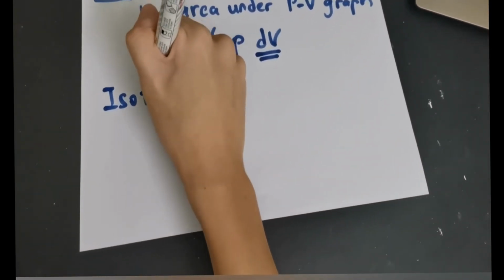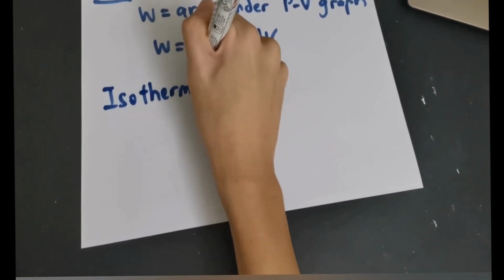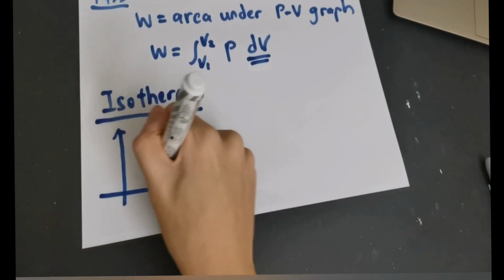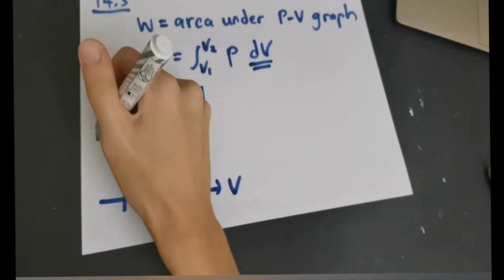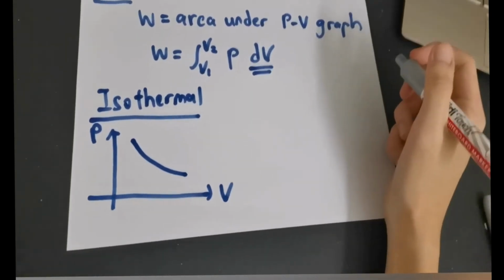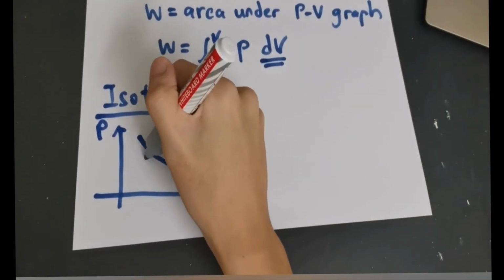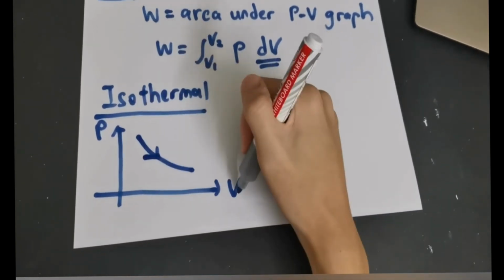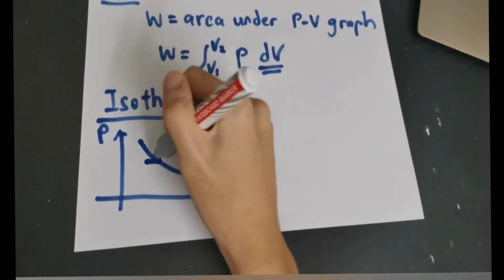So first of all, isothermal. The graph is drawn like this. V, P. So this is the curve. So remember to put the arrow. If the arrow is from smaller volume to bigger volume, it's expansion, like this.